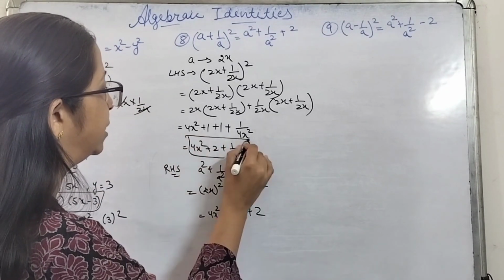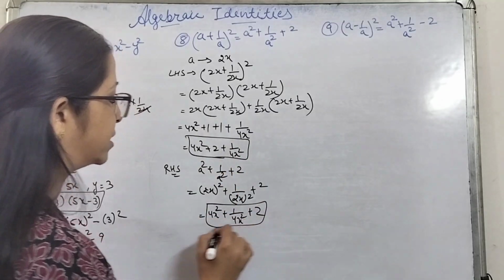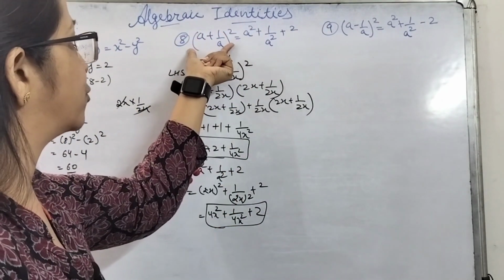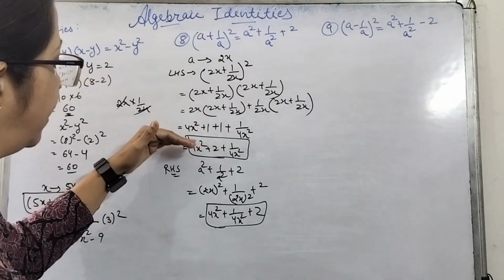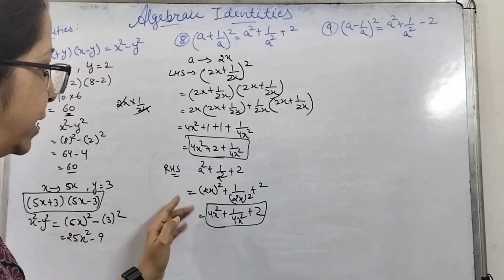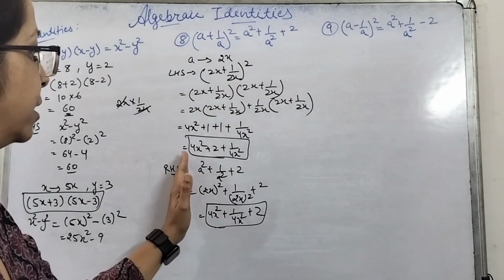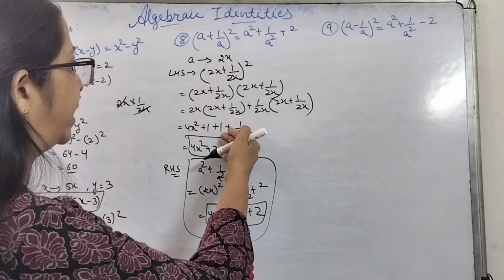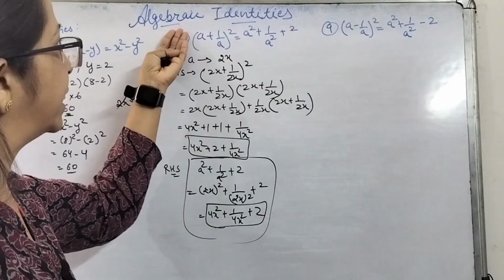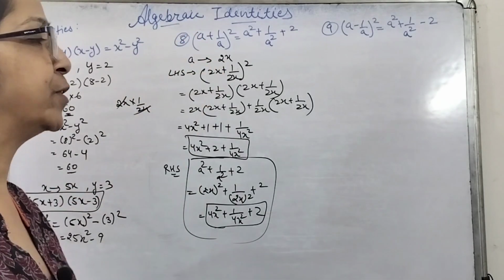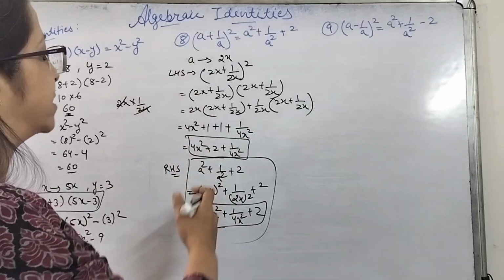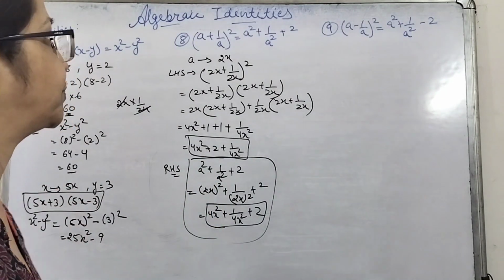So we can see the LHS and RHS parts are equal. So directly, if your expression is in this form, we need not multiply. We can use the identity and get the answer. We can replace a by 2x and get the answer. This is how identities make our calculation very easy.